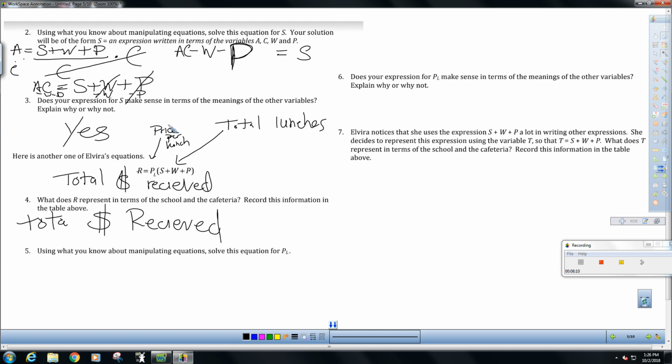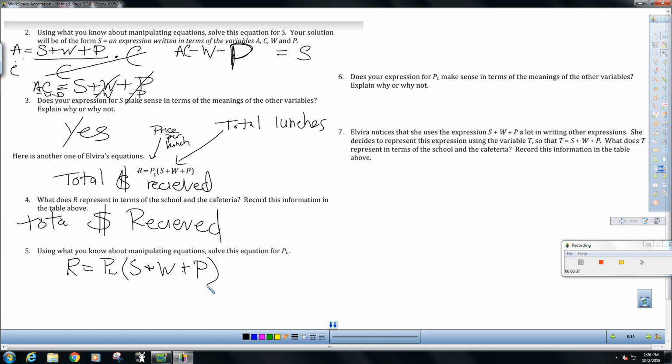Alright, now, using what you know about manipulating equations, solve this equation for P sub L. We can do that, right? R is P sub L times S plus W plus P. I don't think we want to distribute.